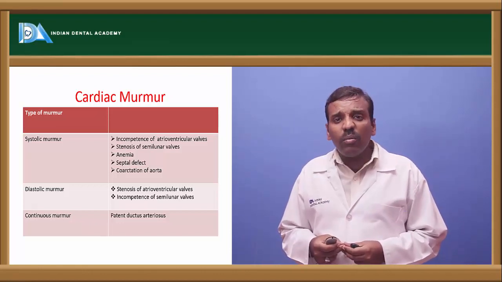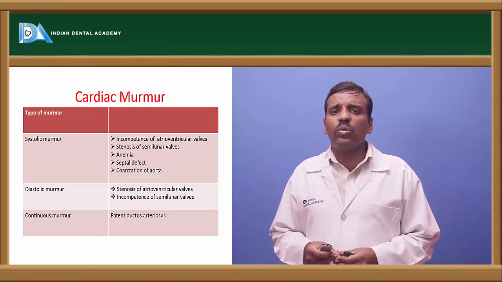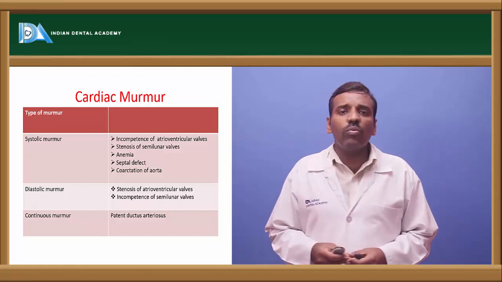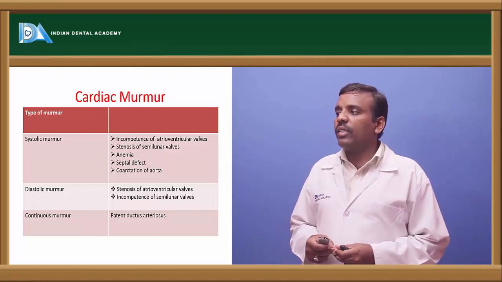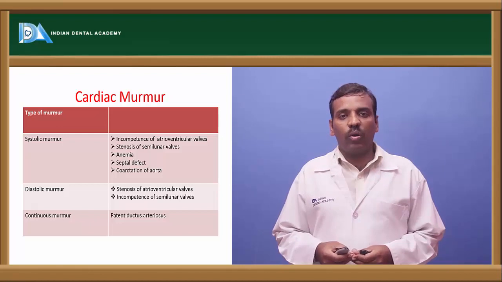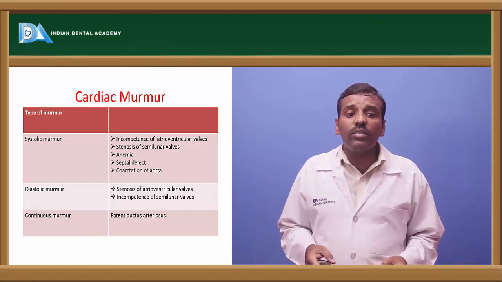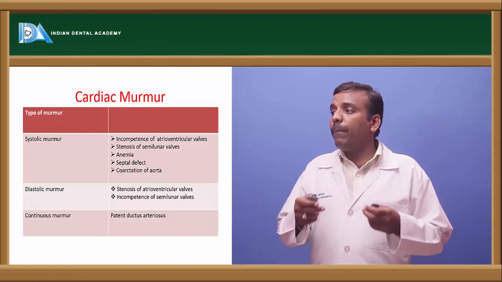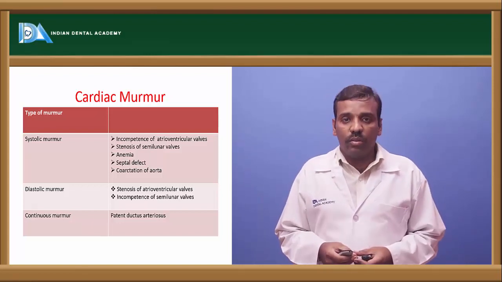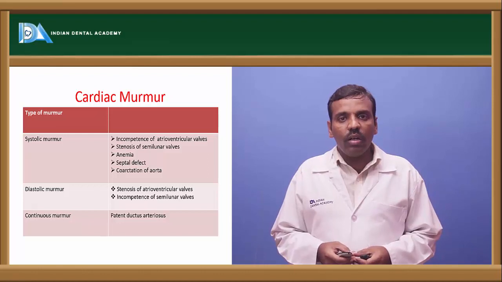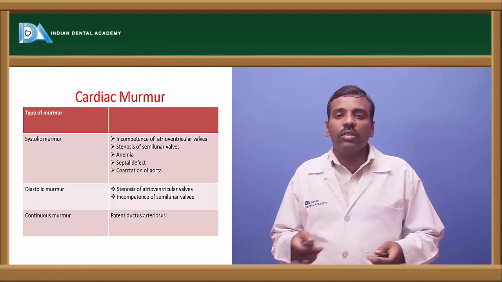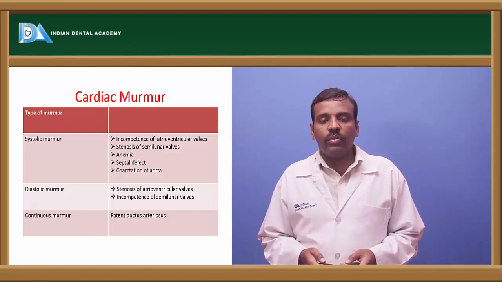And the diastolic murmurs are quite opposite to the systolic murmurs: stenosis of the atrioventricular valves and incompetence of the semilunar valves. And continuous murmurs occur because of patent ductus arteriosus. It is a disorder, and it is a continuous murmur status.